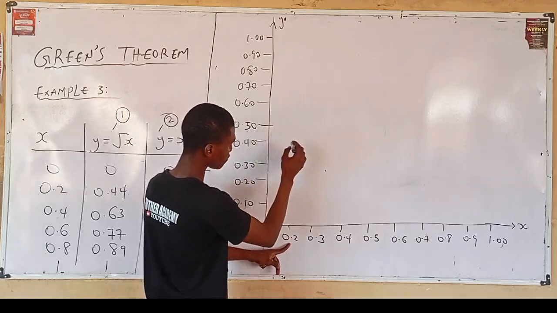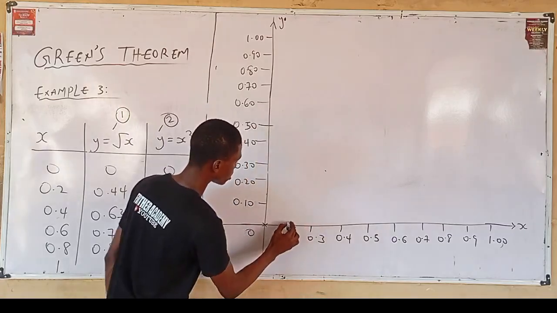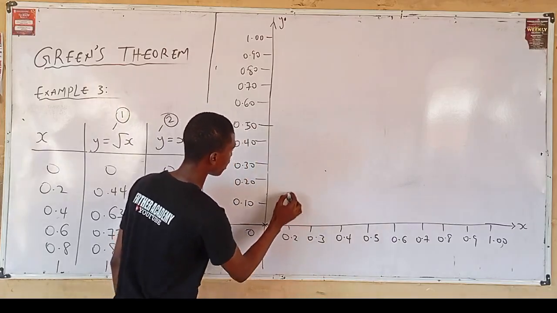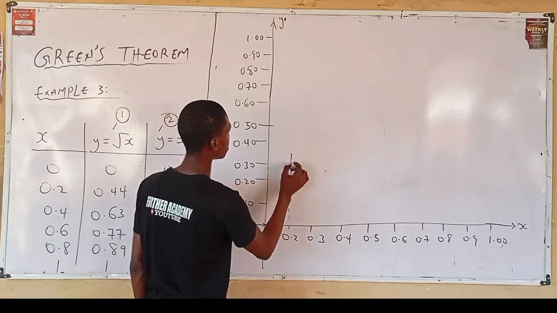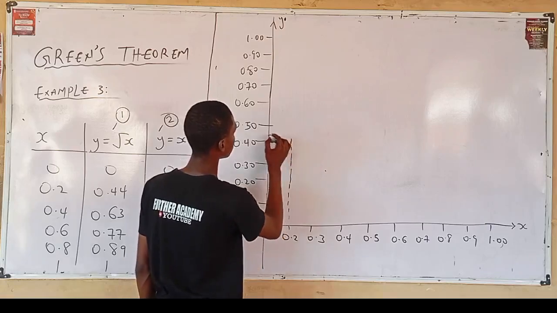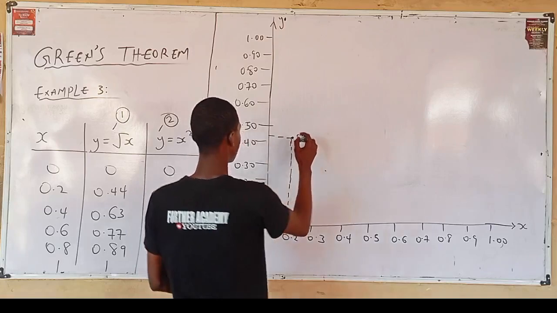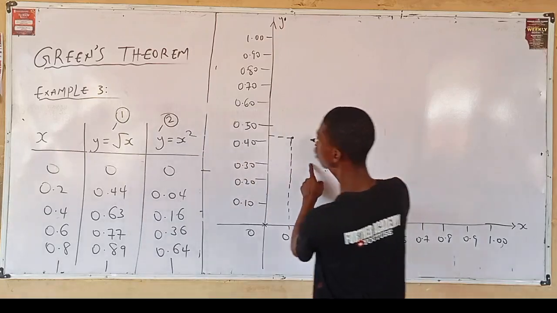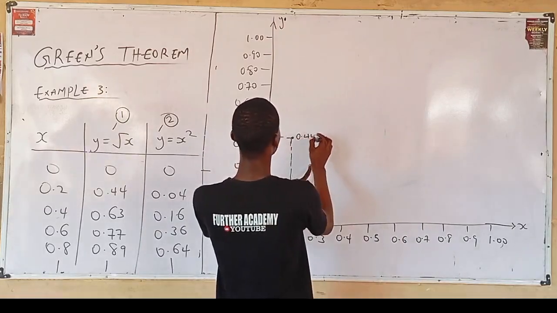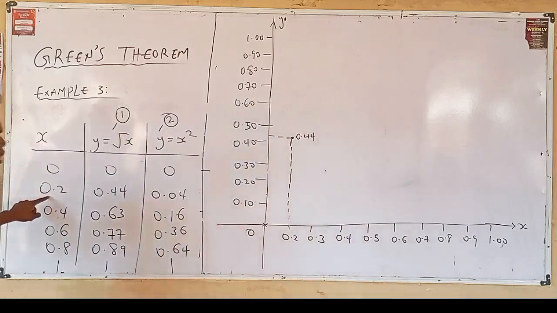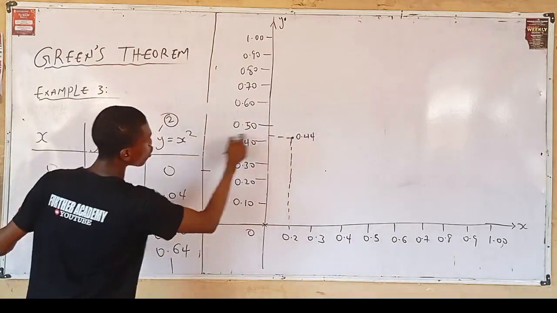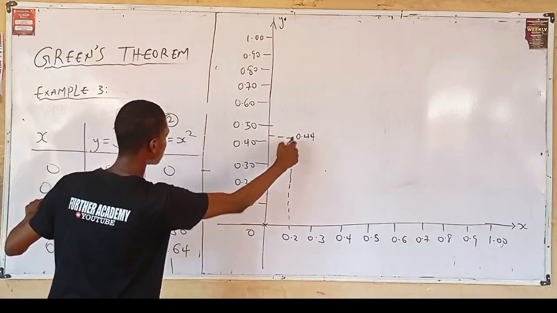So let's say I have this value here, 0.44. Meaning when x is 0.2, y is 0.44. So this is the point.